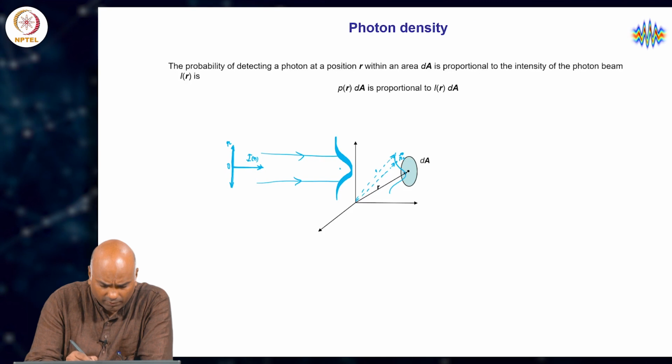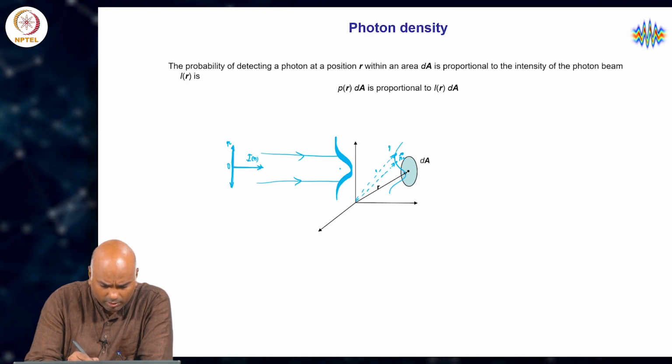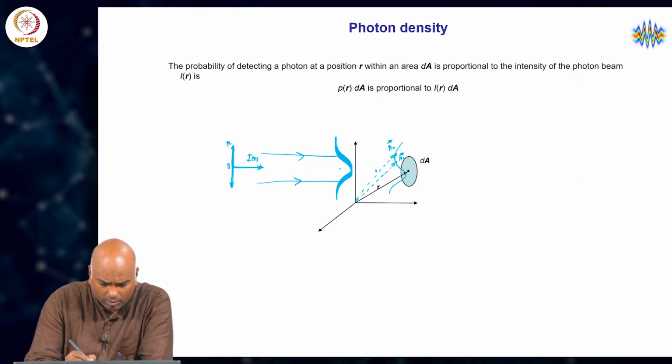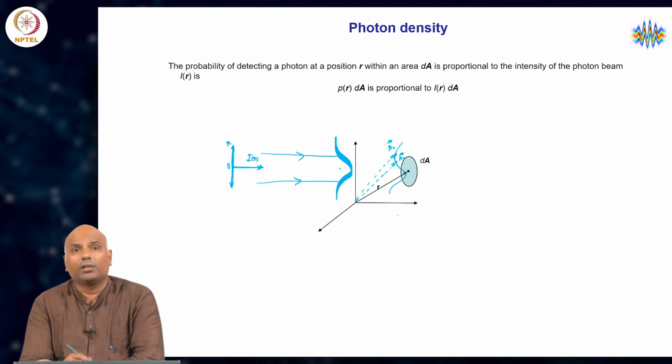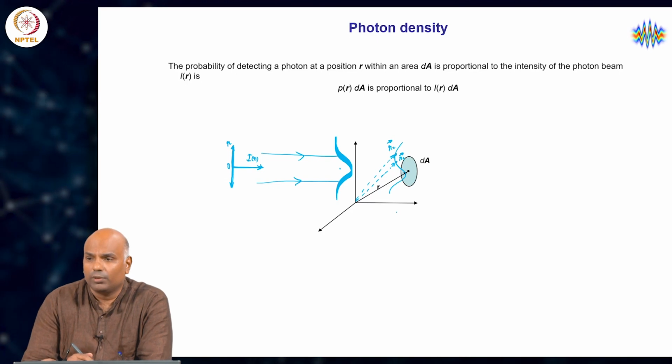R1, we can have another point R2 here, and so on and so forth. We can calculate the intensity as we might want it to be the case.